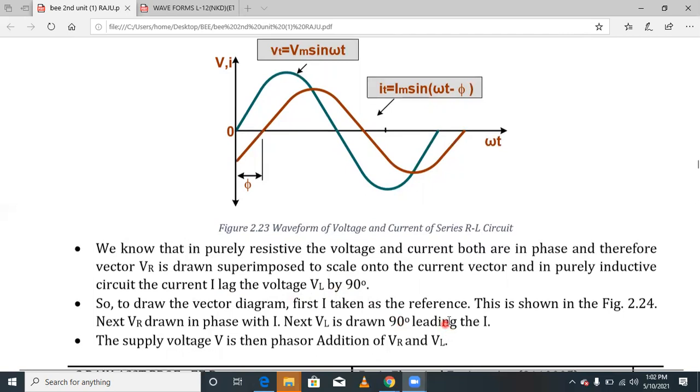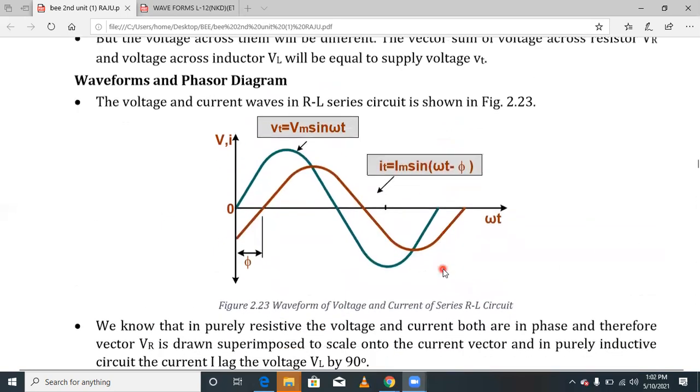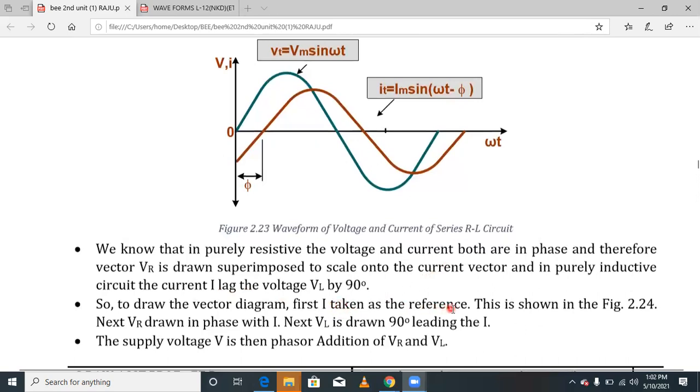I have already explained about the resistor and the inductor. For a purely inductive circuit, current I lags the voltage by 90 degrees. To draw the vector diagram, first current I is taken as the reference.